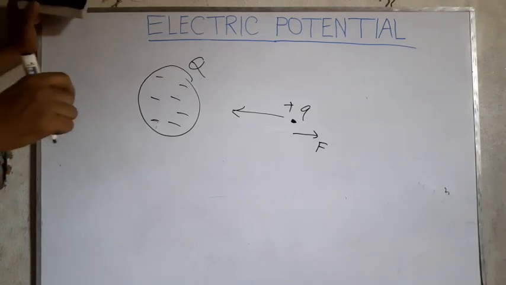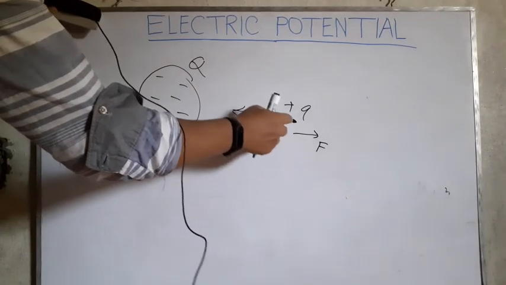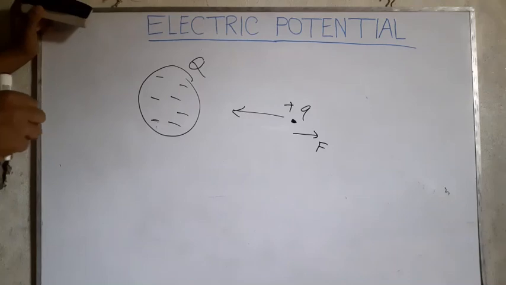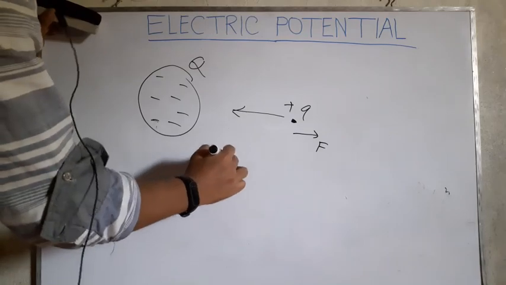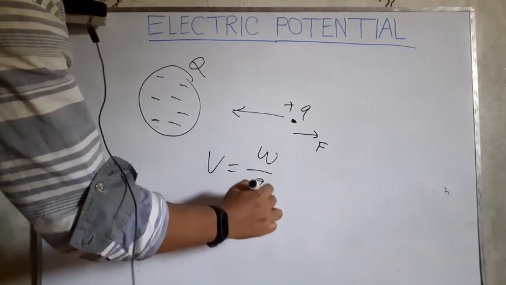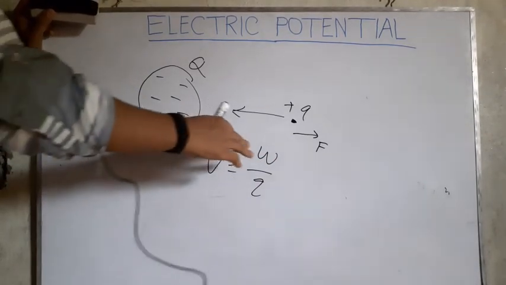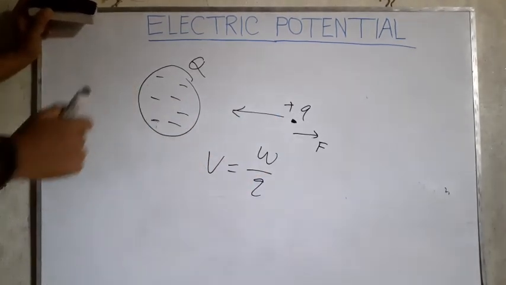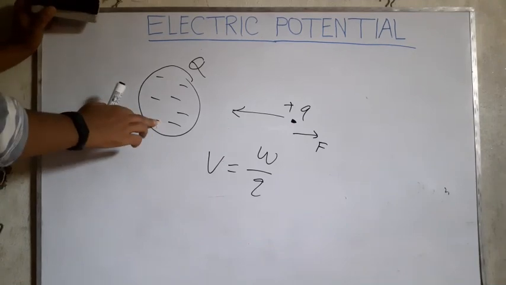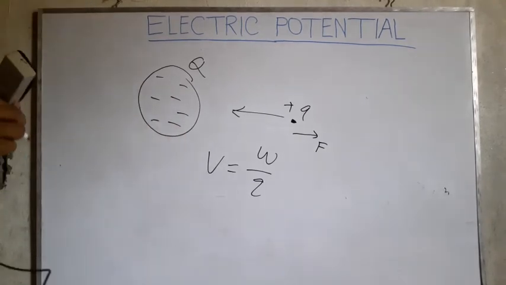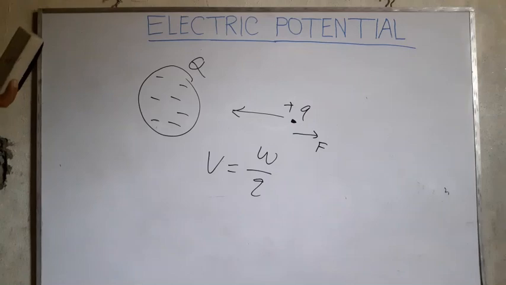As the applied force and direction of the motion of the plus q charge are opposite, here negative work will be done. Therefore, the formula of potential will be the same, W divided by q, but in this case as the external work done is negative, the potential will be negative. Here for a negatively charged body the potential will be negative, and for a positively charged body the potential will be positive.